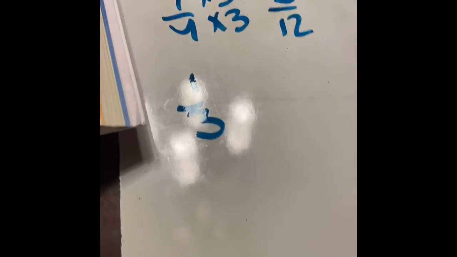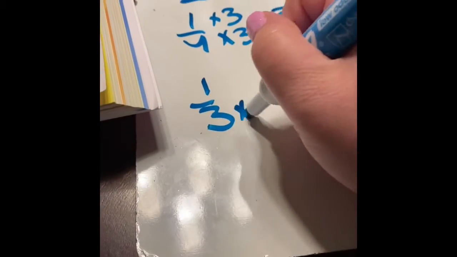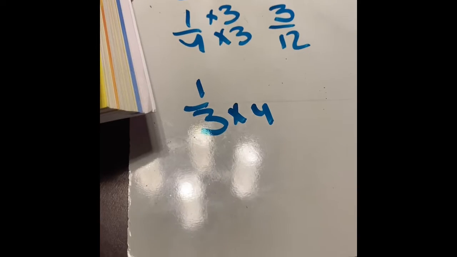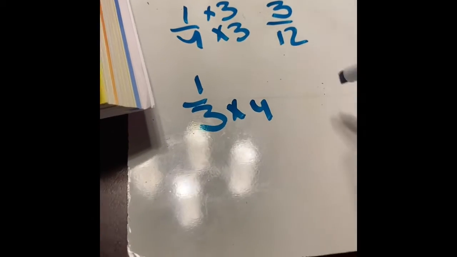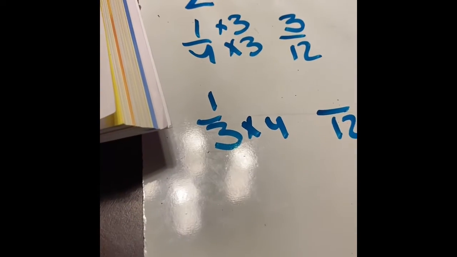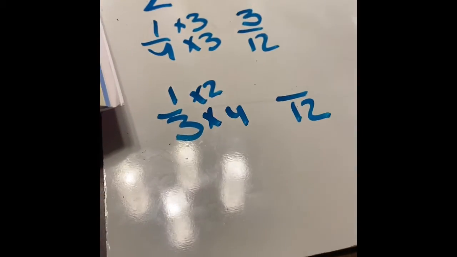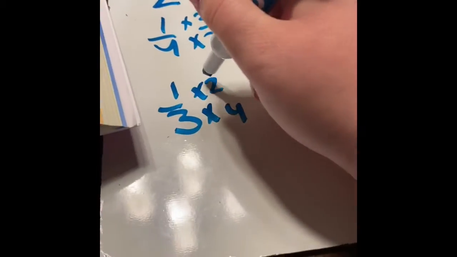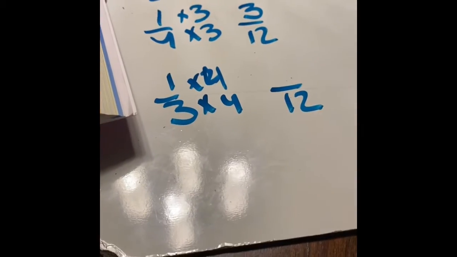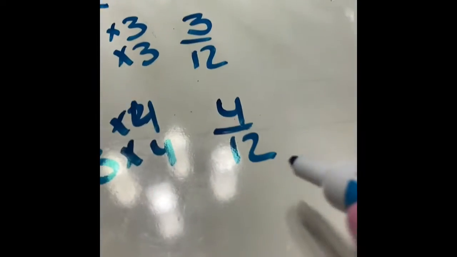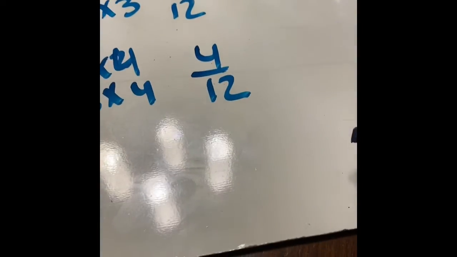For 1/3, I need to multiply by 4 so that I get the denominator of 12. Whatever I do to the bottom, I need to do to the top. Sorry, that should be a 4, not a 2. So all my 1/3s are now 4/12.